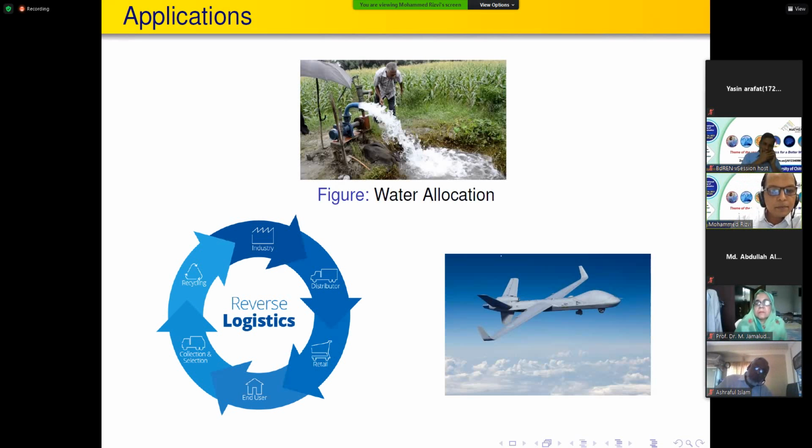Another application is a reverse logistic system. A reverse logistic system is something like this: you sell some products, maybe a car, maybe a tank, maybe some physical goods. After some time it may require repair, so you repair it and sell it again. This helps minimize the environmental impact.